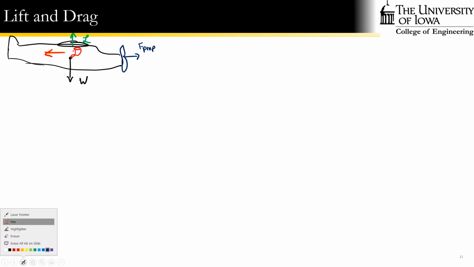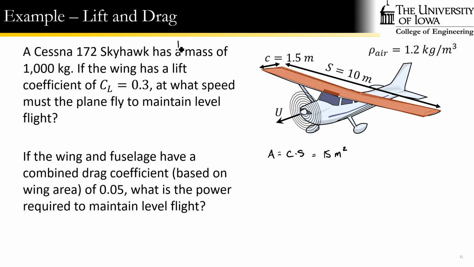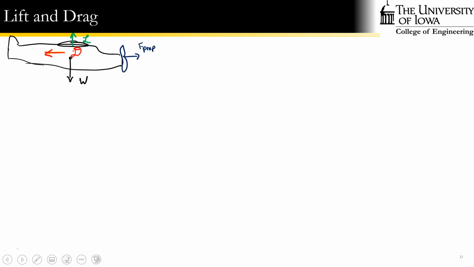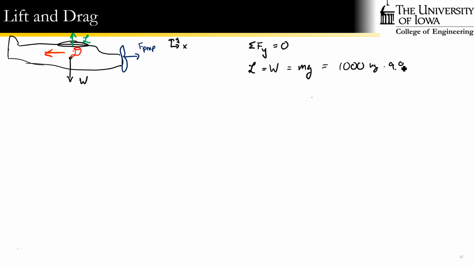First we're doing equilibrium in the Y direction, X and Y. The sum of the forces in Y, if we don't want the plane to be climbing or falling, to maintain level flight, has to be 0, which means that the lift has to be equal to the weight, which is mg, 1,000 kilograms times 9.81 meters per second squared, about 9.8 kilonewtons.